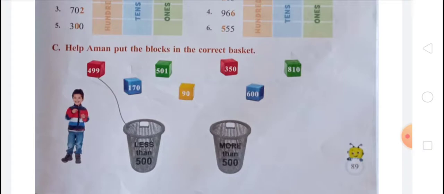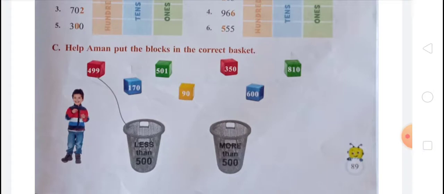Next is 810. 810 is more than 500, so put it in the more than 500 basket. And the next is 600, which is more than 500, so you put it in the more than 500 basket.